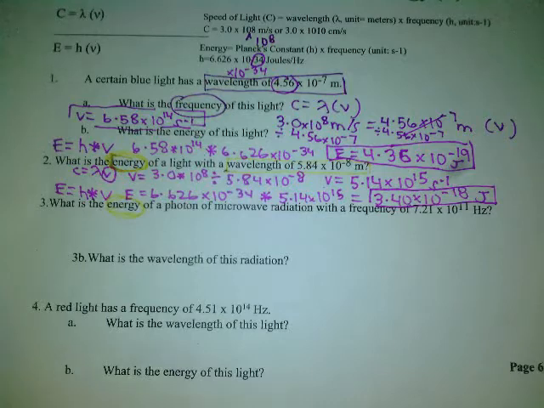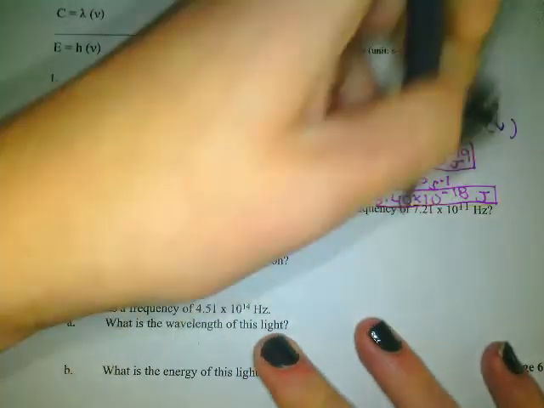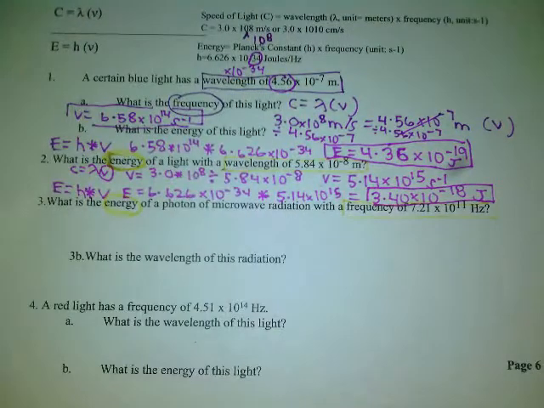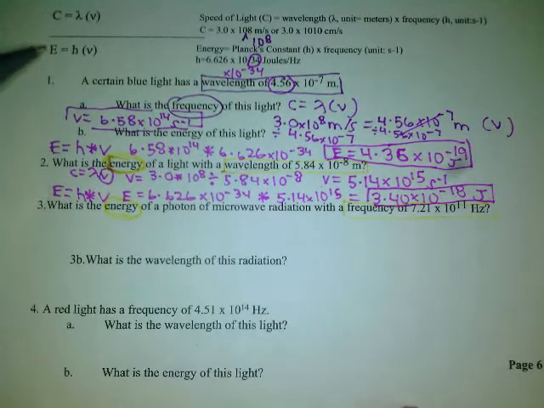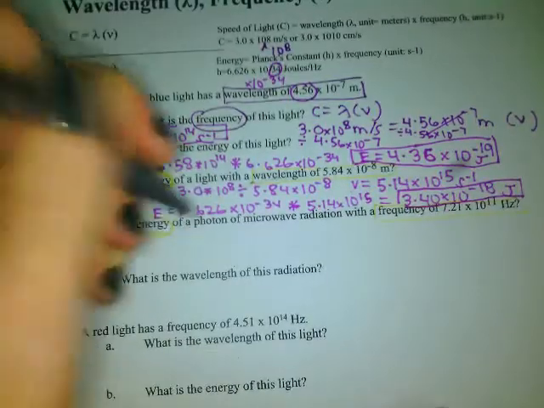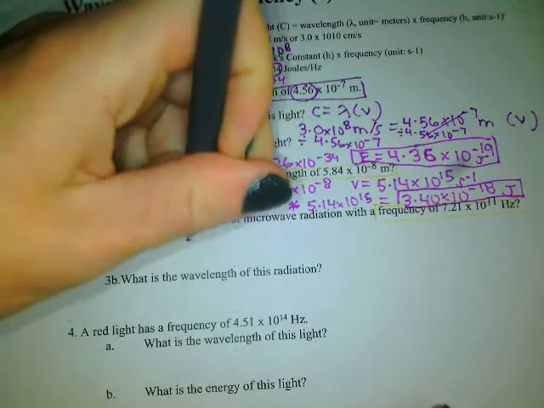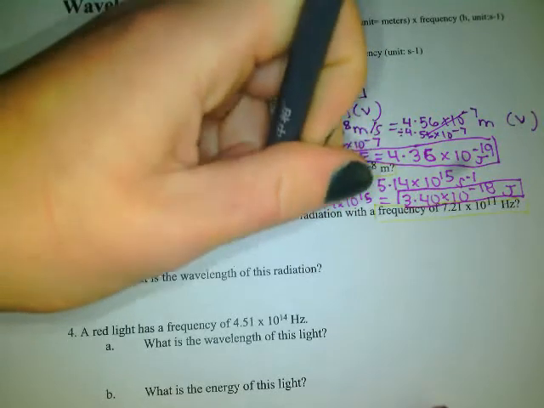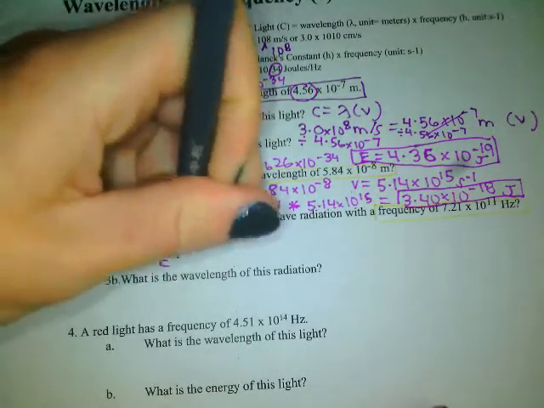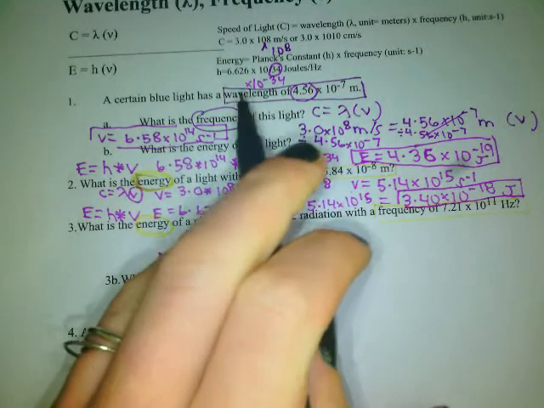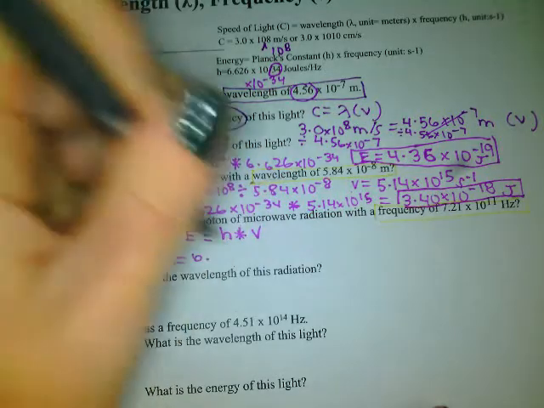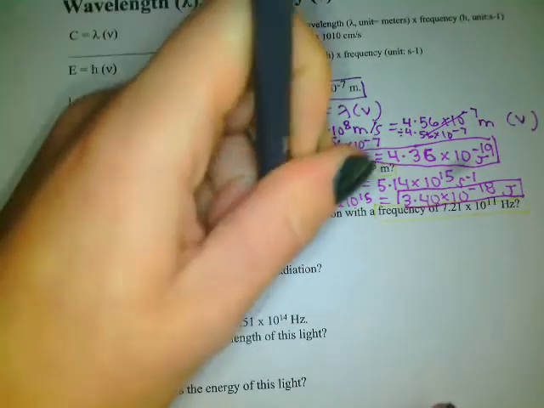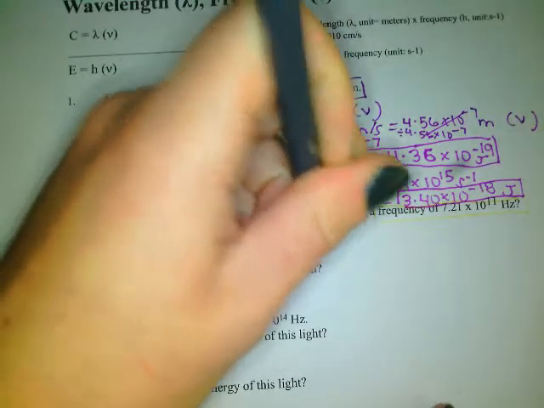Okay, so my frequency, so it's E is equal to H times V. So E is equal to our Planck's constant, which is 6.626 times 10 to the -34 multiplied by the frequency, 7.21 times 10 to the 11th. So I didn't have to do a lot of extra steps in this one.